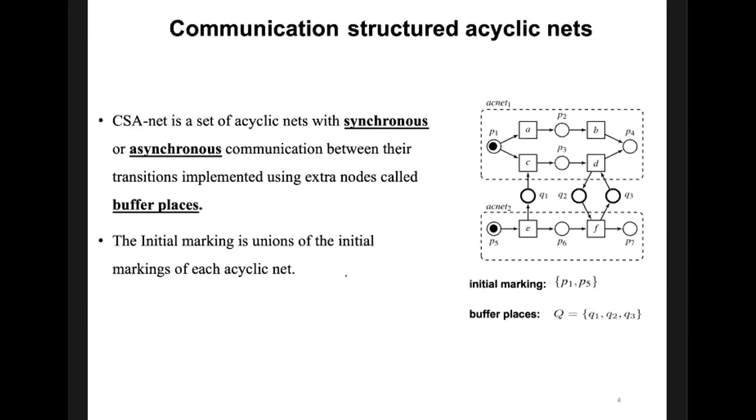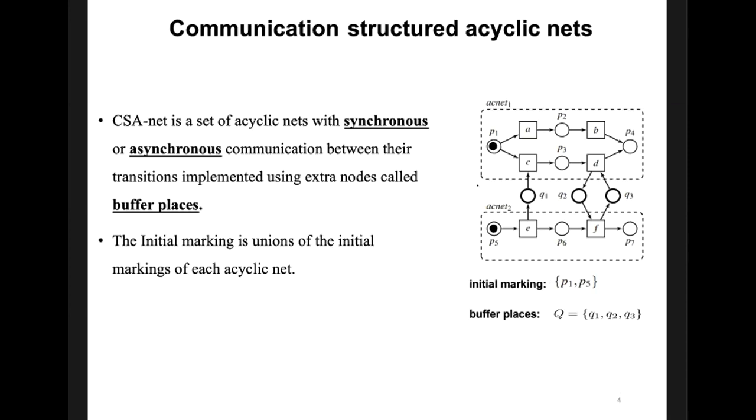Communication structure acyclic nets, CSA-net, are an extension of acyclic nets that have the ability to model behaviors of subsystems using acyclic nets and interaction between subsystems using synchronous and asynchronous communication. It is a set of acyclic nets representing the interaction among separate or different subsystems communicating with each other.